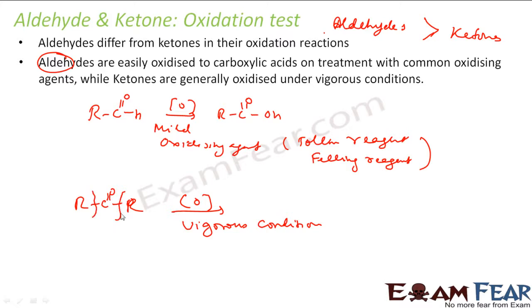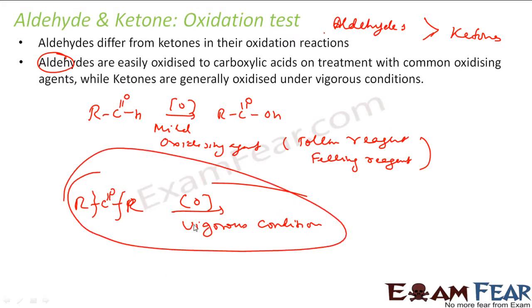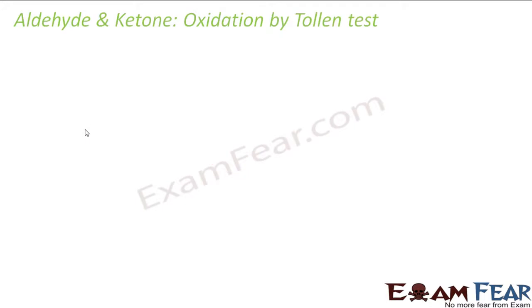And you get RCOOH and R'COOH, something like that. But it needs vigorous conditions to oxidize, whereas aldehydes oxidize pretty easily. Thus, there are two tests, actually, Tollens test and Fehling test, to differentiate between aldehydes and ketones.